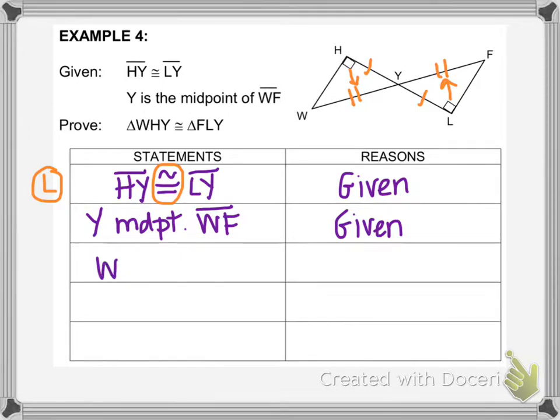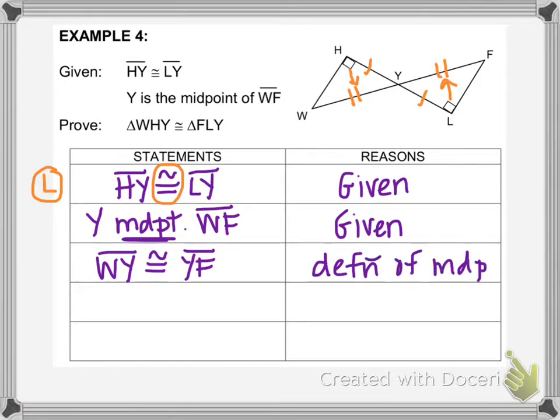WY is congruent to segment YF. And the reason is because of that midpoint in the statement above. So we'll say definition of midpoint. This is a congruent statement. And these happen to be the hypotenuses. So not only are they sides, but they're hypotenuses.